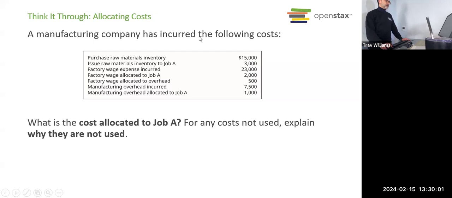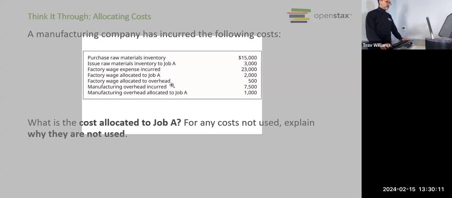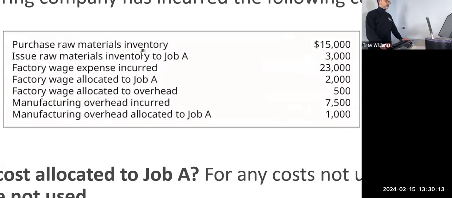Okay, so this company has the following costs. What is the cost allocated to job A? All right, so looking at the information here, they bought some raw materials. Are those materials for job A? No. They're just materials.